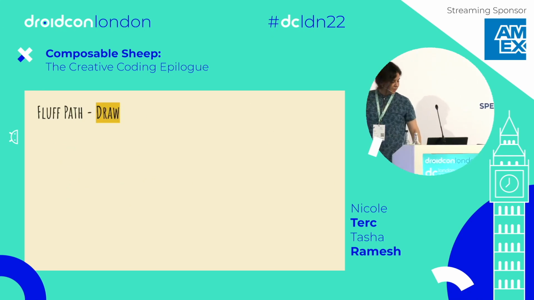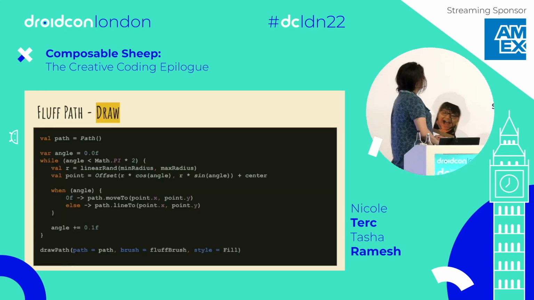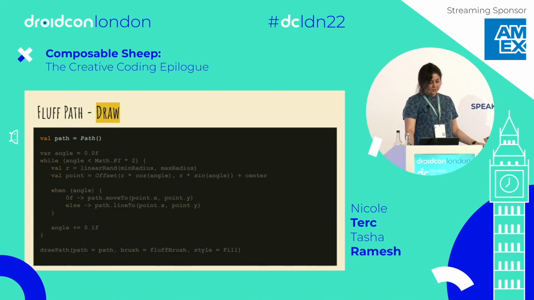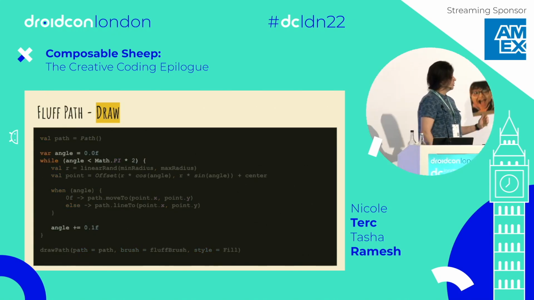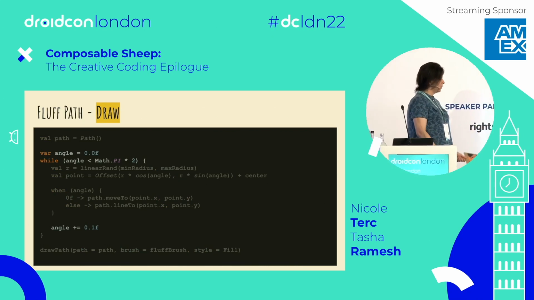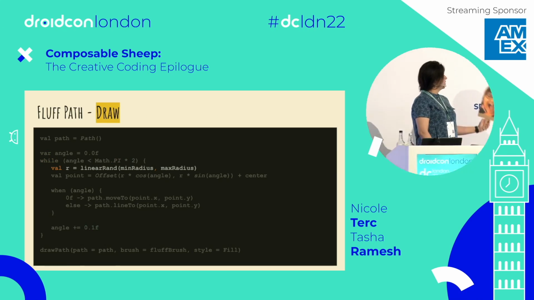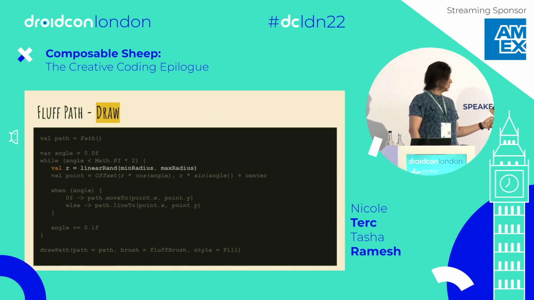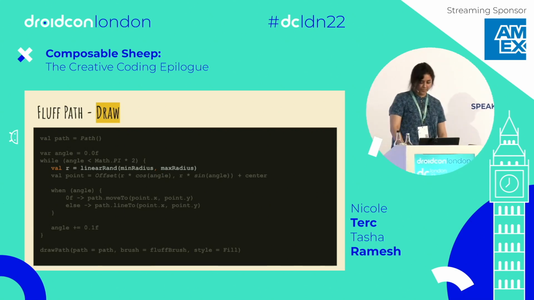But let's jump into code. How are we going to be drawing this? We're going to be drawing it as follows. Of course, we begin by creating a pad, and then we're going around the circle. We're working in radians, so of course it's up to 2 pi. For each of the angles at which we stop off, we're going to have a function for our radius. In this case, we're just going to grab a random value between minimum radius and maximum radius.